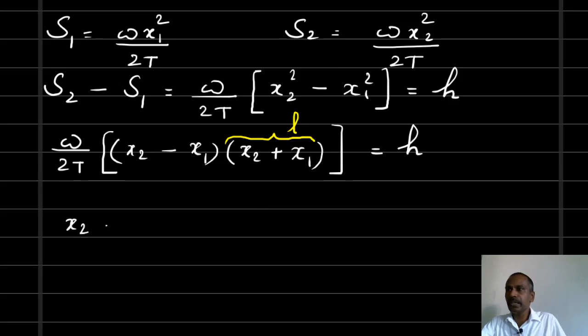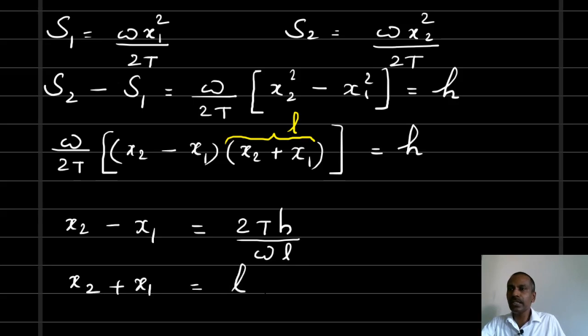So x2 minus x1 is equal to 2Th divided by W into L. Similarly, x2 plus x1 is the distance between the towers. This is equal to L.